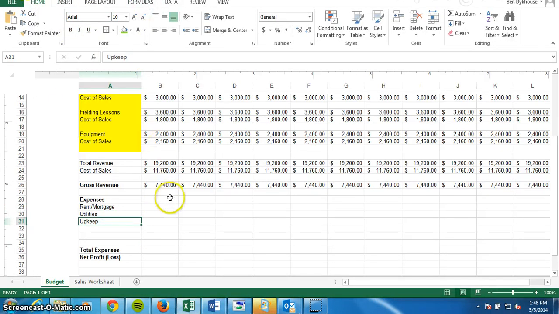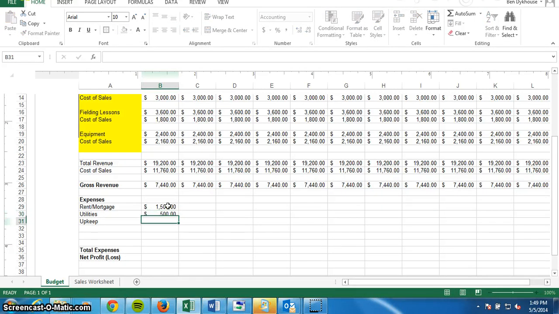So here are some sample prices. I'm going to say my rent, my mortgage, and I think this is way low, is going to be about $1,500. Remember, I've already formatted to dollars, so all those should work out just fine. My utilities, I'm going to say $500.